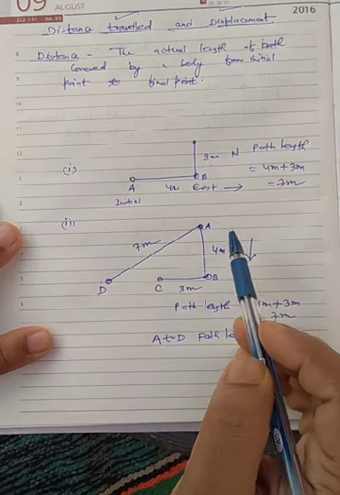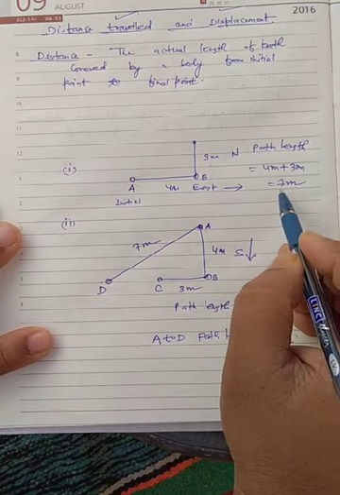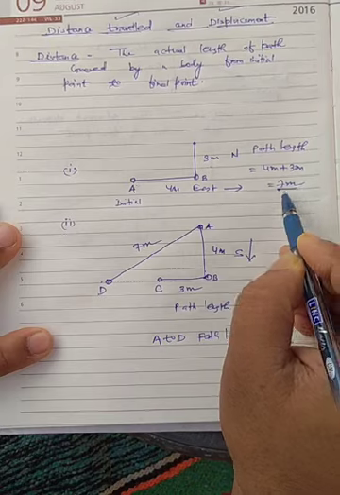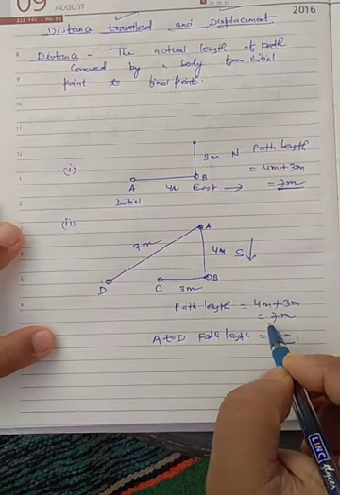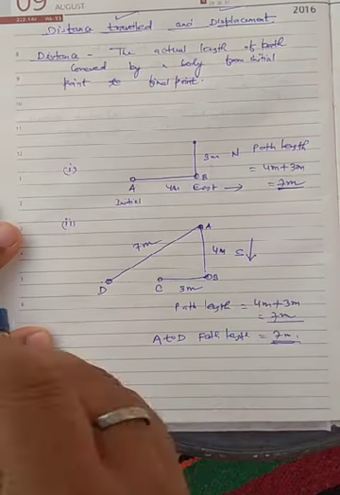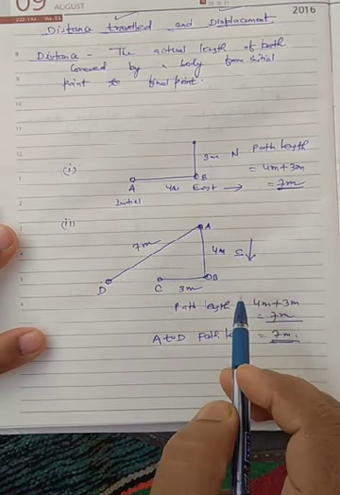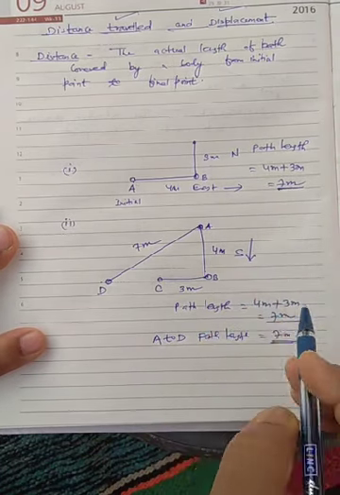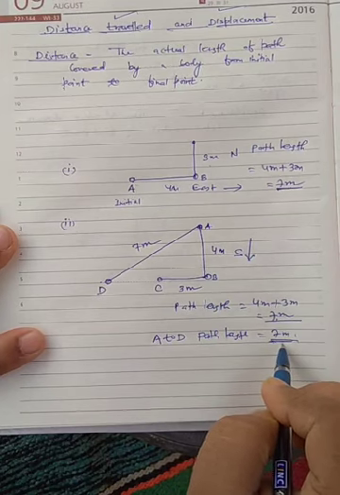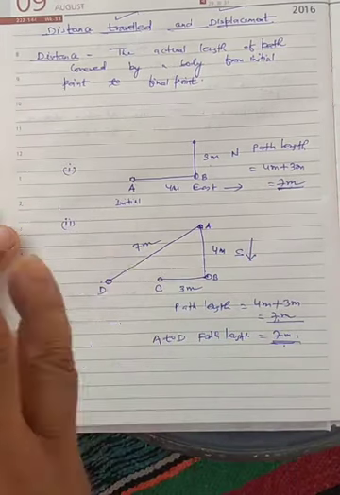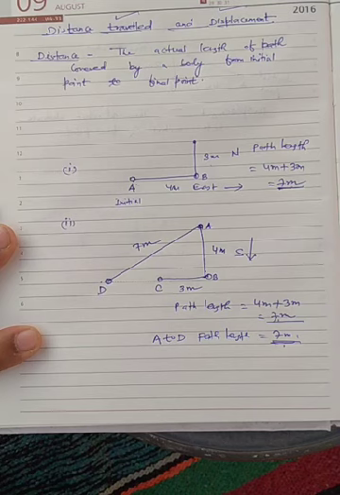So is there any particular specified direction here? Because everywhere the path length has magnitude 7 meter, irrespective of its directions.